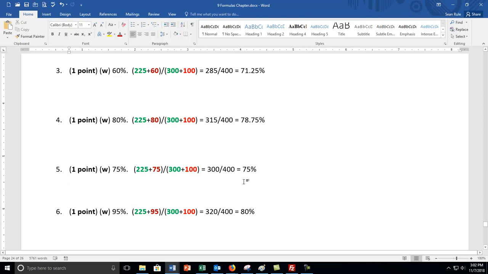Now, according to that logic, we should be able to raise our average again with a 95, and we do. It raises to 80%, which is above 75. Now, some of you might be saying, wait a minute. If an 80 raised it to 78.75%, which is almost 4 points, how can a 95 only raise it a few more points?